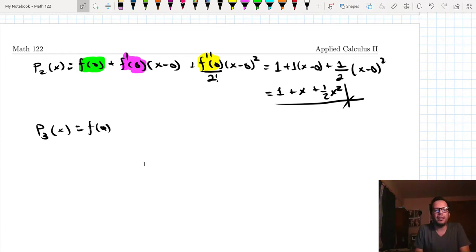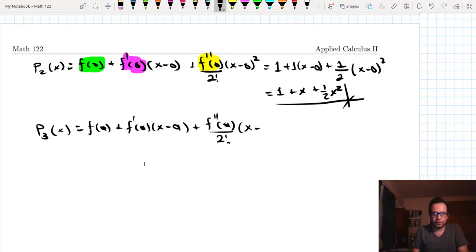So f of a plus f prime of a times x minus a plus f double prime evaluated at a divided by 2 factorial times x minus a squared plus f triple prime evaluated at a divided by 3 factorial. In this case, we are going to go with the third degree polynomial.